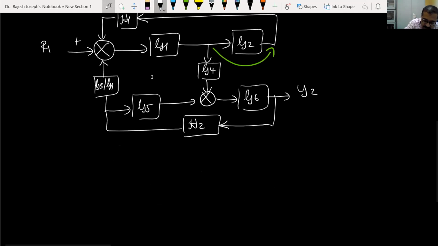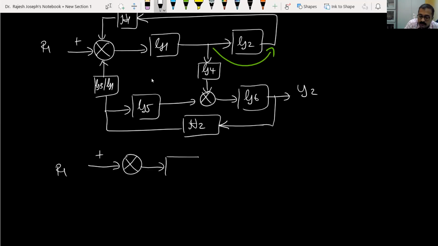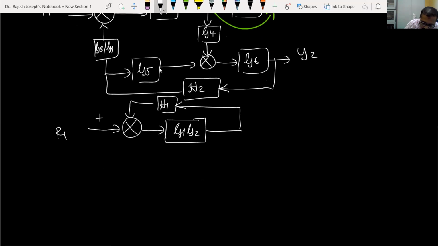Everything else will remain the same. So this is our summing point. This is R1 plus, this is G1. When you shift this pickoff point to the right side of G2, G1, G2 are in cascade. Let me write it in one go. This is G1, G2. So here we have H1, fine? Everything else will remain the same. Here we had G3 by G1.